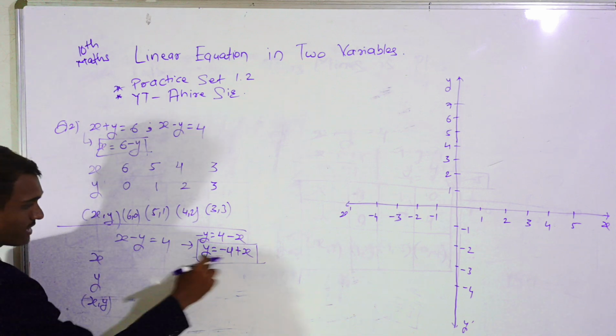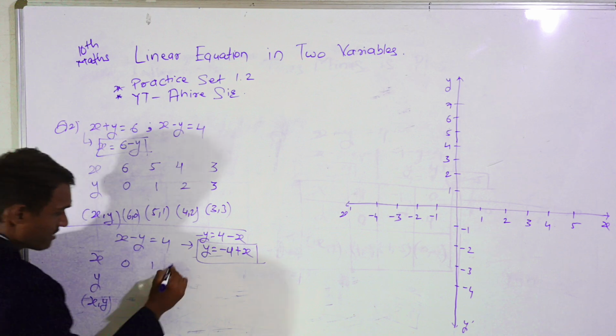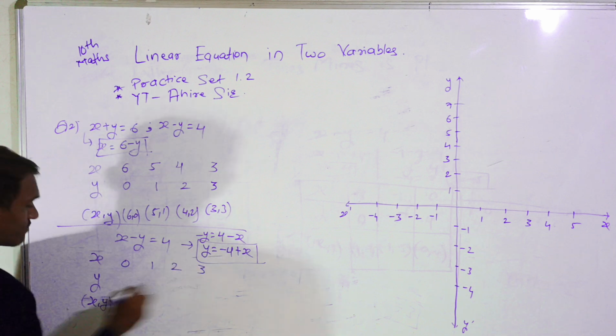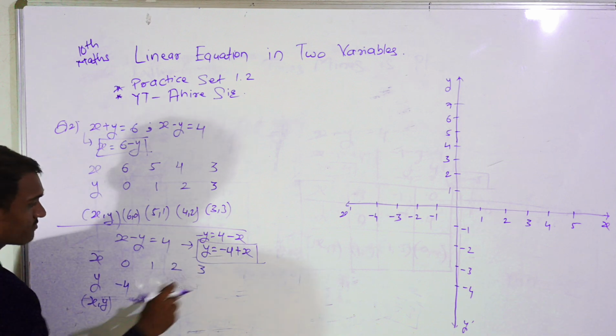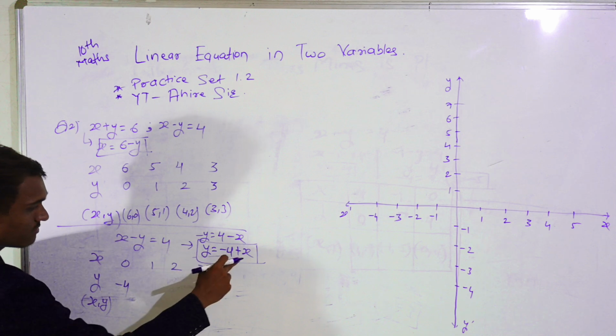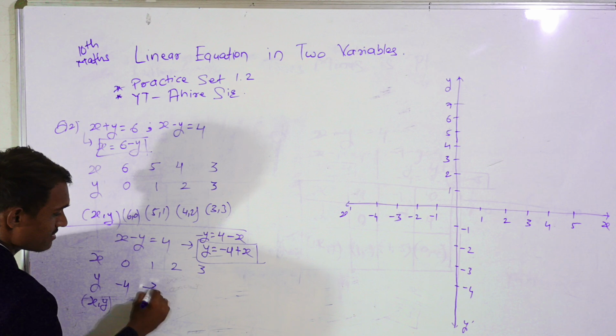Now we have to find the value of y. So assume x as 0, 1, 2, 3. If x equals 0, then y equals minus 4. If x equals 1, then y equals minus 3.